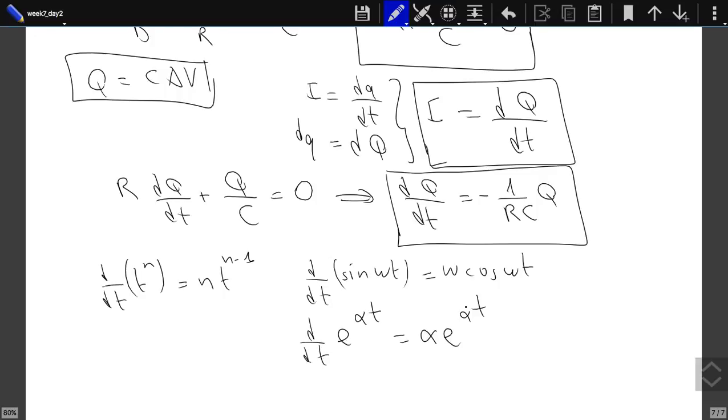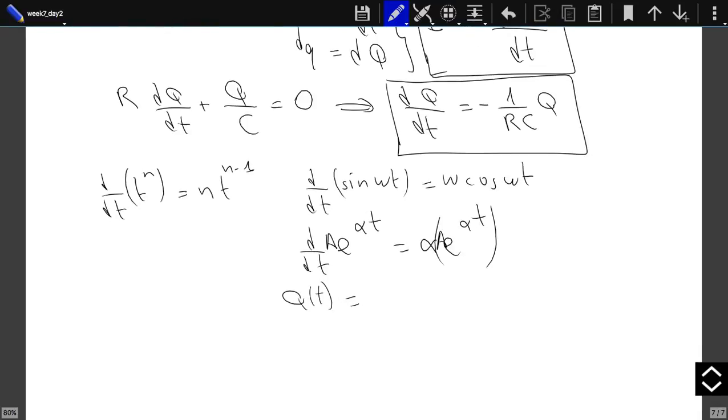And we see that this function is such that when I take the derivative of that function, I get the same function multiplied by some coefficient given over here. So if you compare this equation with this one, you see that alpha should be equal to minus 1 over RC. So Q of t, well, if I put any overall coefficient over here, it is still satisfied. So Q of t will be equal to some A times e to the power minus 1 over RC times t.